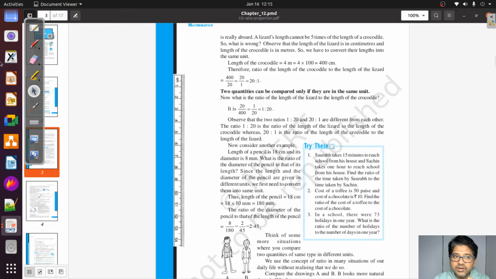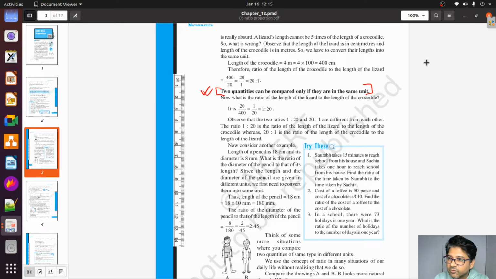Proportion. Proportion says that two quantities can be compared only if they are in the same unit. This is one rule. If you have 10 centimeter and 5 meter, it is not a valid comparison.